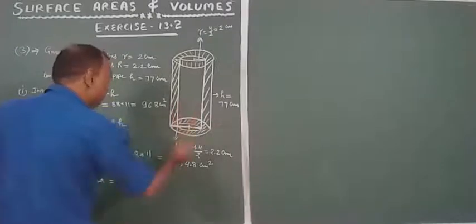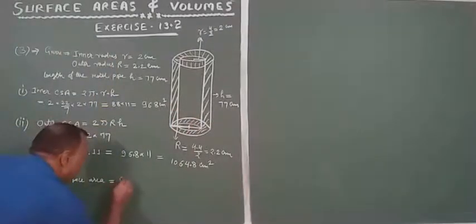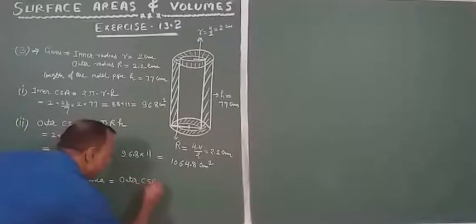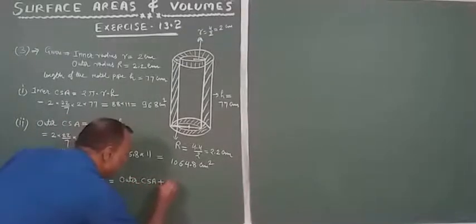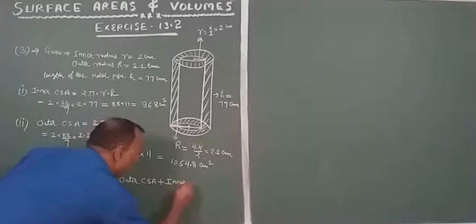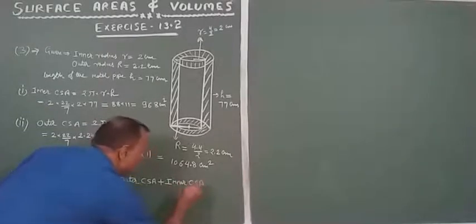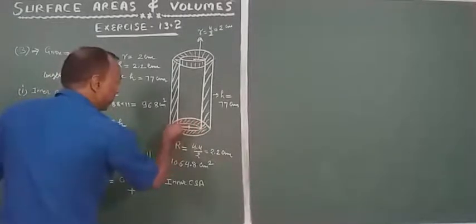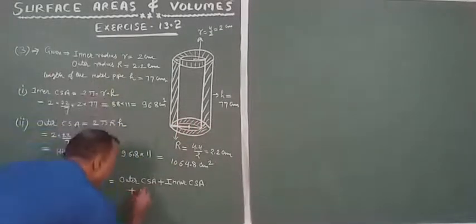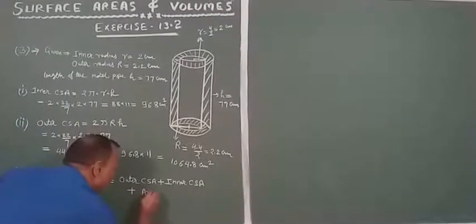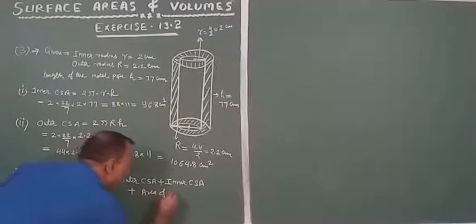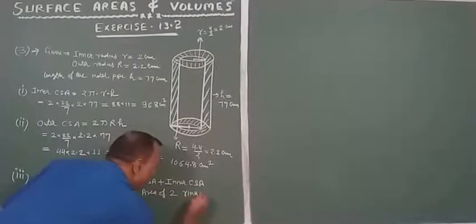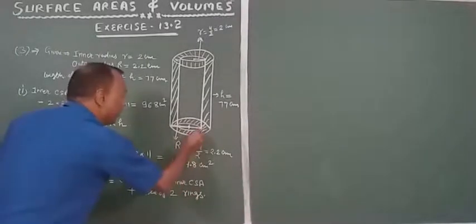That will be outer curved surface area plus inner curved surface area plus, just look at these two bases, the area of two rings. These are the two rings found here.